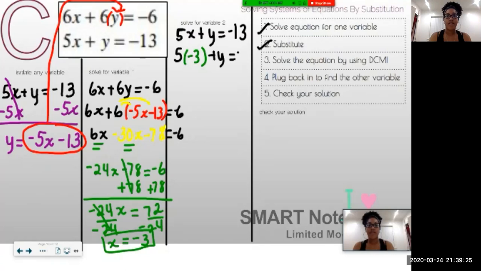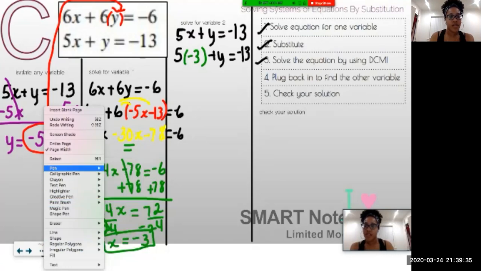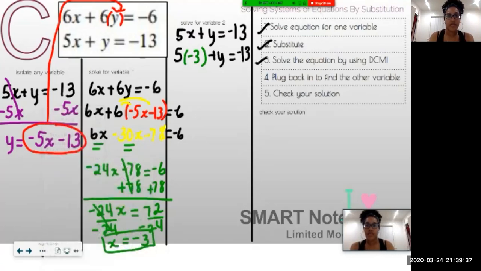Plus y equals negative 13. Okay, so 5 times negative 3 is negative 15. So negative 15 plus y equals negative 13. I want to get y by itself. So I add 15 to both sides. And I'm going to put y equals negative 13 plus 15 is 2.